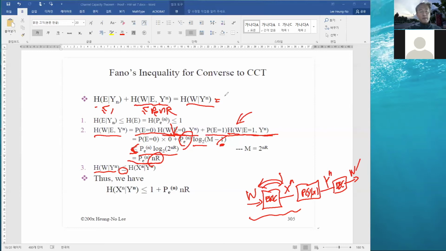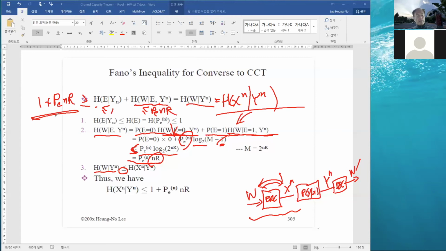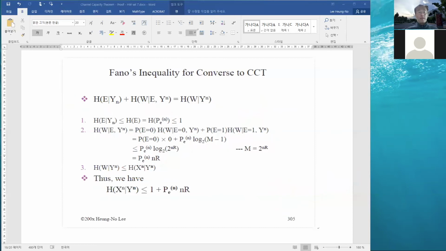So that part is equal to H(Xn | Yn), and it is upper bounded by 1 for the first item and PE times nR for the second item. So H(Xn | Yn) is upper bounded by this. This is the Fano's inequality that we considered in chapter 3, and we will use this upper bound in the proof.